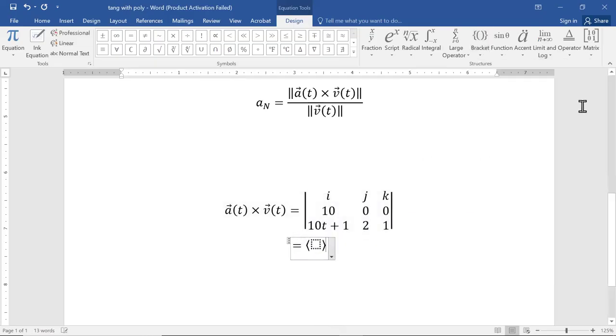So what that's going to give me, well, when I find the coefficient of i, which is the x component, I'm going to be going 0 times 1 plus 2 times 0. That's just a 0. The coefficient of j is what I get when I take the negative of 10 times 1 minus (10t plus 1) times 0. So that's just a negative 10.